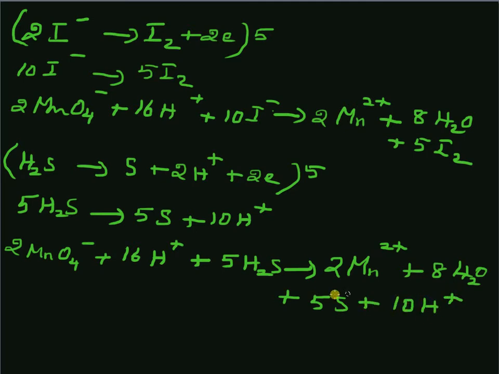H+ is present on both sides, so we will cancel it out, and then you will have only 6H+ remaining on the left hand side. This is the overall equation for oxidation of H2S to sulfur.